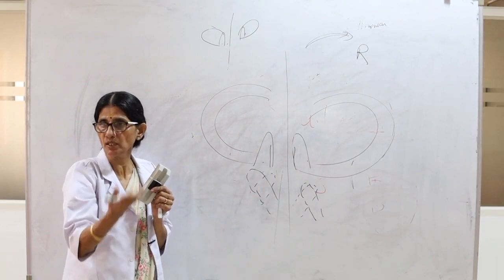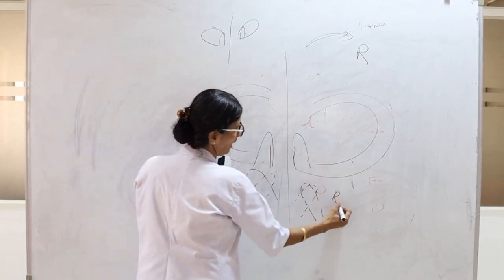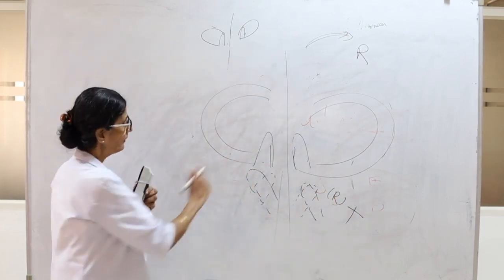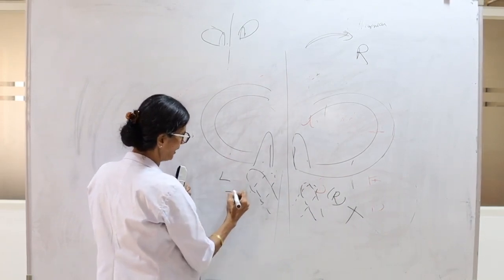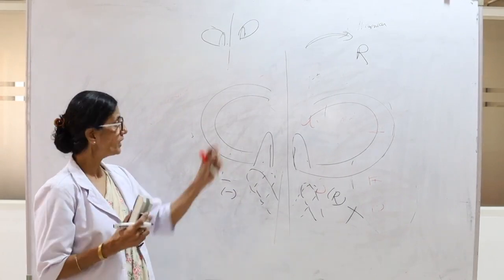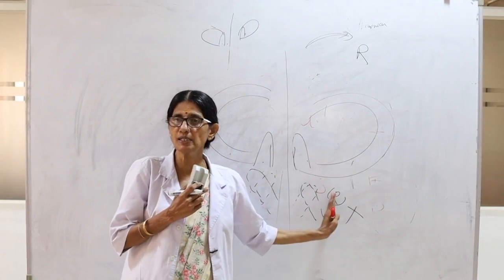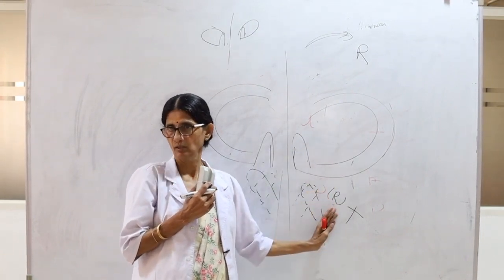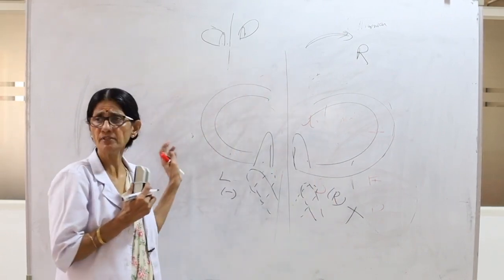It is going towards the kinocilium on the right, resulting in a depolarizing signal on the right, whereas on the left it is going away from the kinocilium, and it results in a hyperpolarizing signal, isn't it? So the head is being rotated to the right side, where it results in a depolarizing signal going from the right semicircular canal, but on the left side it is an inhibitory signal.